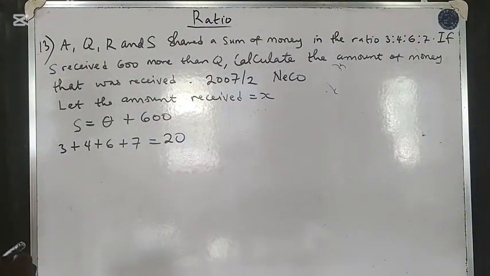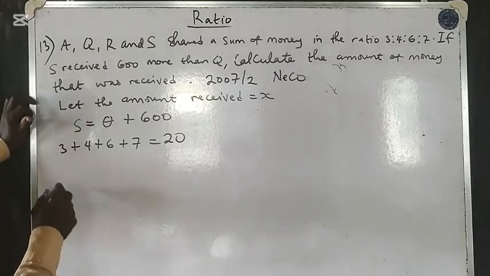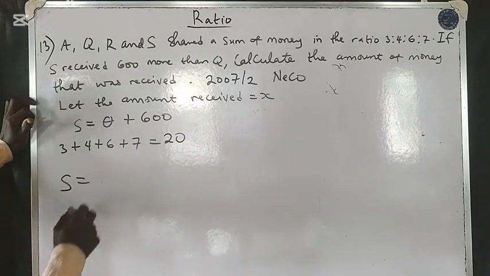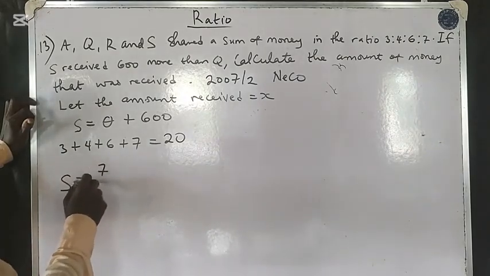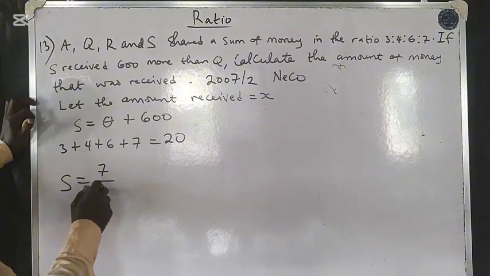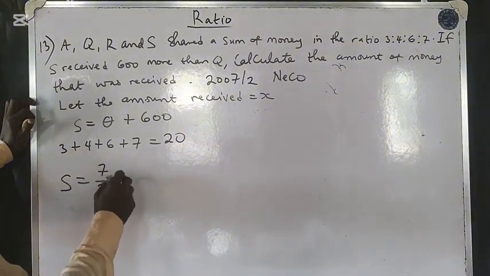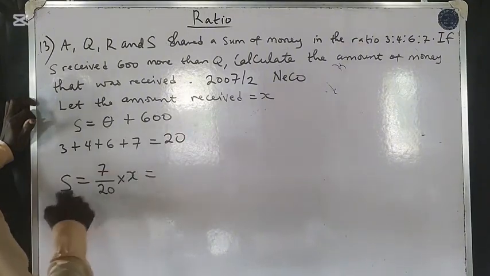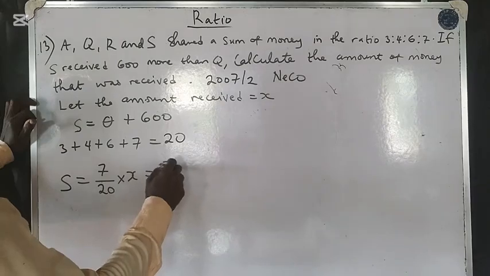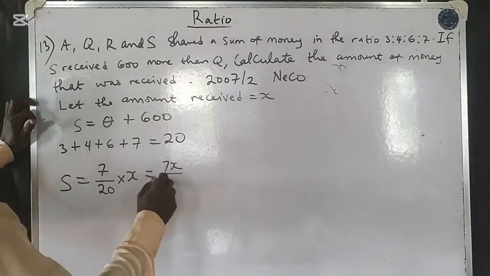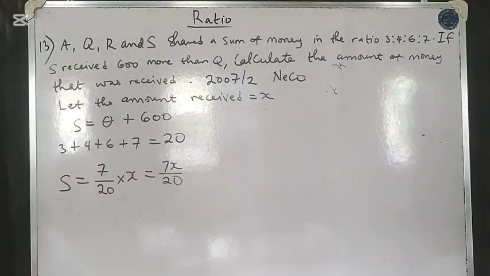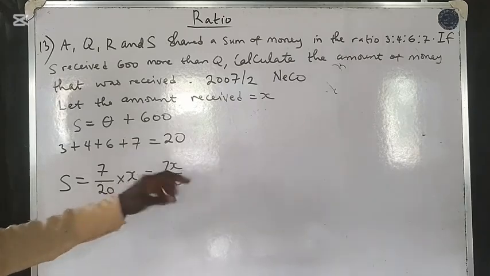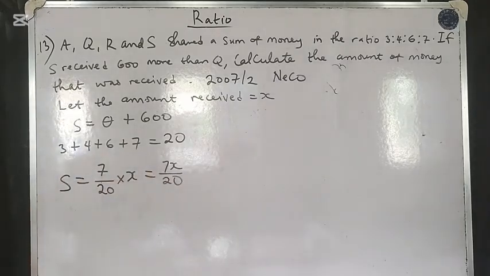The share of S equals ratio over total ratio, which is 20, multiplied by what we are sharing, X. So S got 7x over 20.